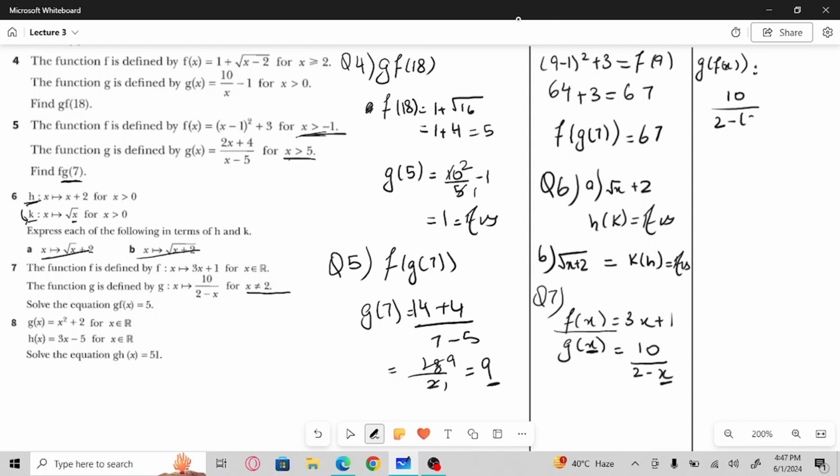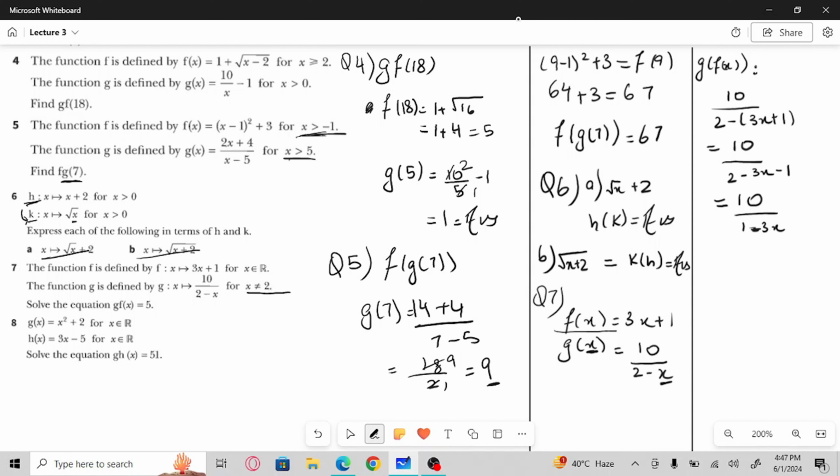Instead of x, we are going to write g(f(x)) is equal to 10 upon 2 minus, and instead of x, we write 3x plus 1, which is equal to 10 upon 2 minus 3x minus 1. If we simplify it, 2 minus 1 is 1, so we get 10 upon 1 minus 3x, and that's the answer for the first part of the question.